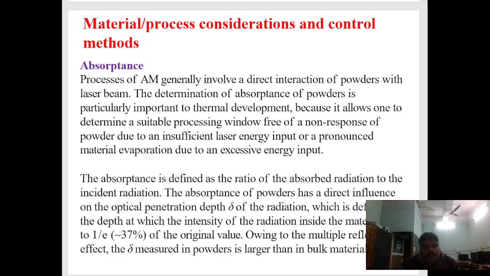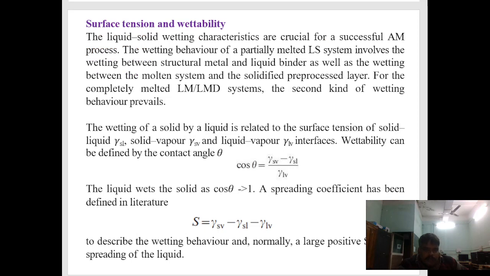The absorption is defined as the ratio of absorbed radiation to the incident radiation. The absorption of powder has direct influence on the optical penetration depth of the radiation, which is defined as the depth at which the intensity of radiation inside the material falls to a fraction of the original value. Owing to the multiple reflection effect, the absorption measured in powder is larger than in bulk material.